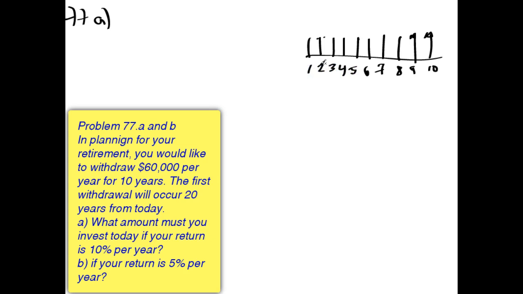Now in the statement of the problem, this first withdrawal happens 20 years from today. The question is, how much do we need to invest today? And this period here is the 20th year from today. So that means that you're going to make a deposit here and you only have 20 years to get to that point.